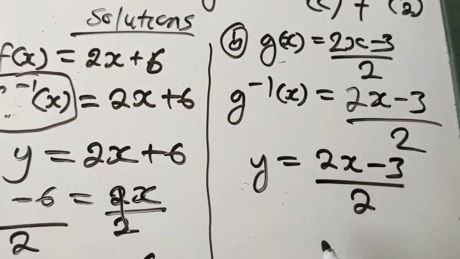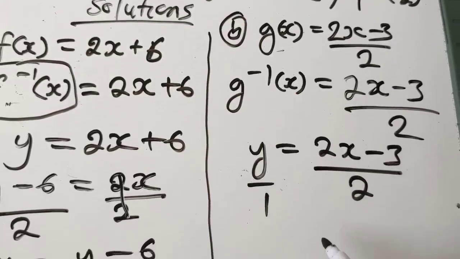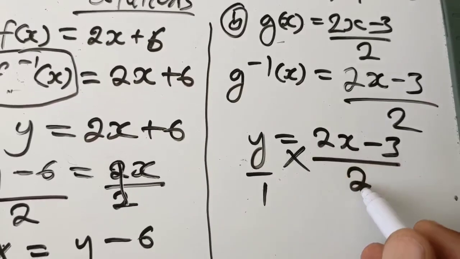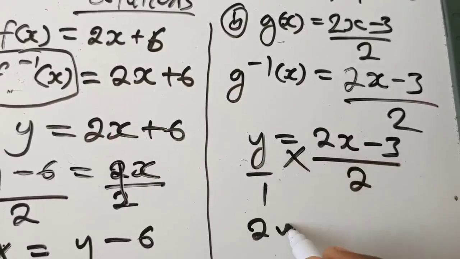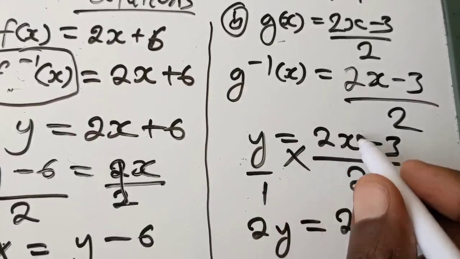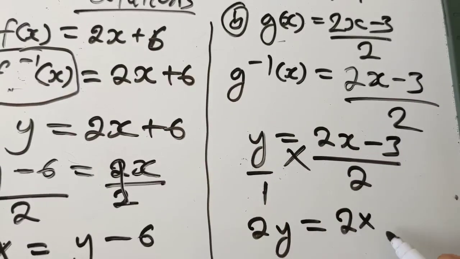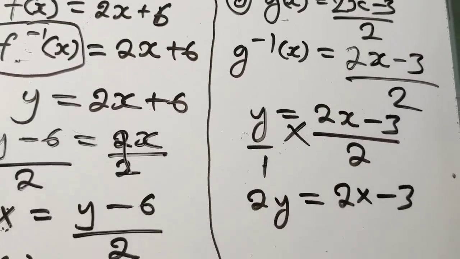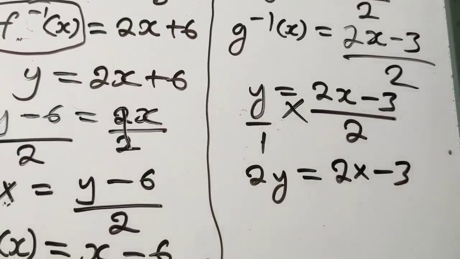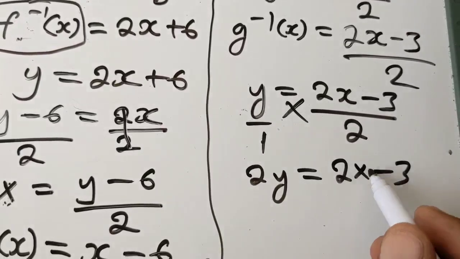So now make x the subject, that is the thing that you're supposed to do. This is the fraction. So you cross multiply: 2 times y, it is going to be 2y is equal to 2x minus 3, like that. Then we are making x the subject, so it means that x has to remain alone.